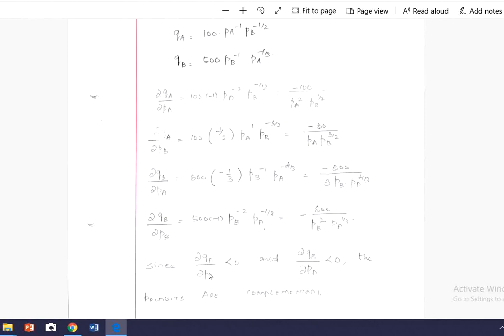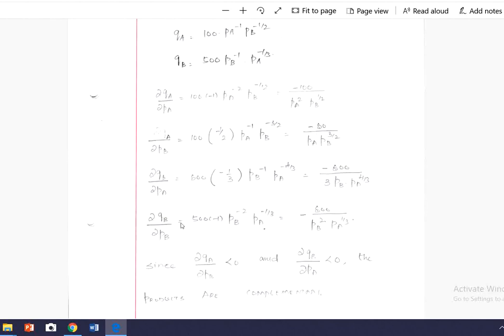Now we have to look into the functions dou QA divided by dou PB and dou QB divided by dou PA. If you look here, there is a minus sign. So it's obvious, if I put 1 here, it will be minus only. Therefore no other change, it remains the same.